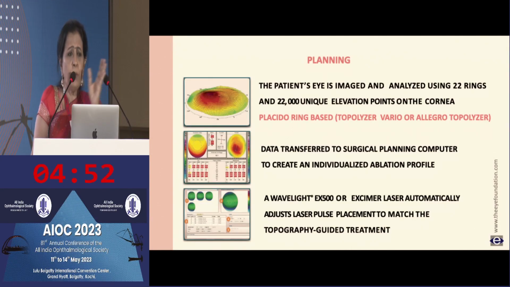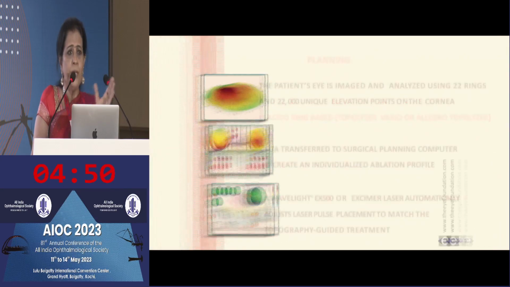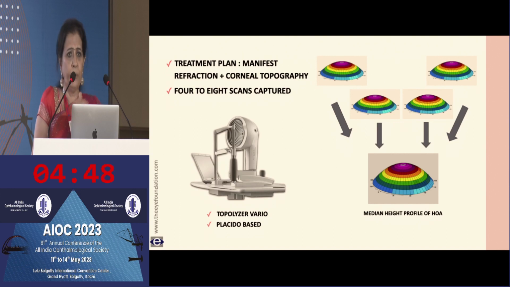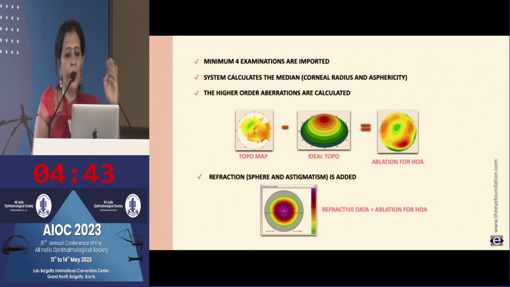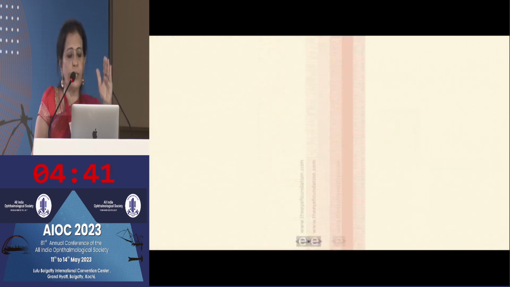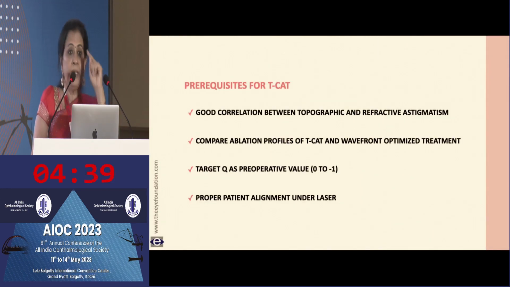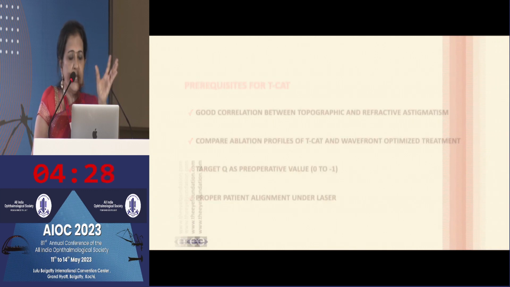So you need to plan, choose the ideal maps and feed those ideal maps into the computer such that the laser ablation would correct the refractive error and also the aberrations which are existing on the cornea. But the indication for topo-guided treatment was that the topographic astigmatism and the refractive astigmatism should be nearly similar, and also the ablation profile needed to be similar.